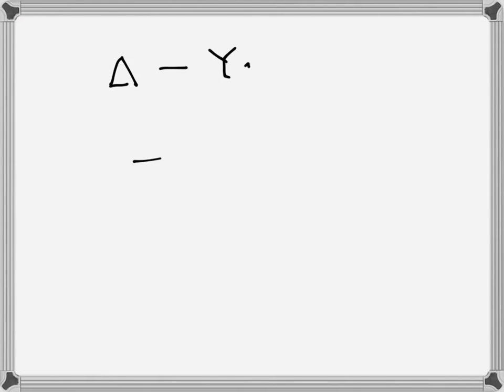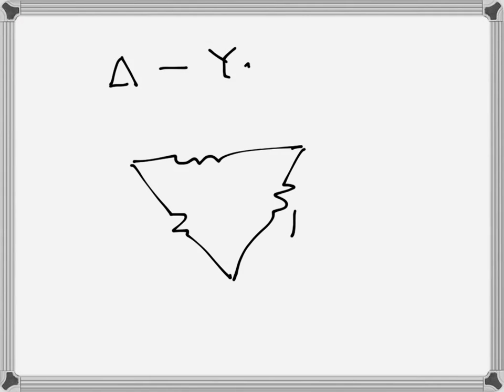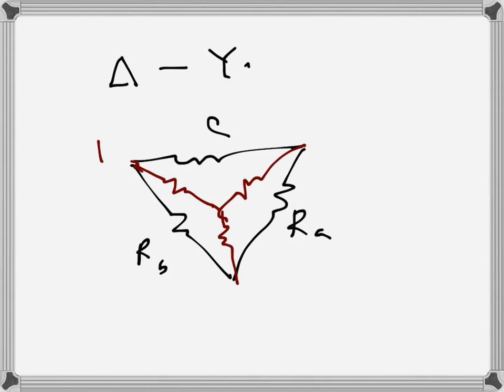Maybe like this, so it looks more like pi. So let's say RA here, RB here, RC. Now we want to get the equivalent Y connection. So the equivalent Y will be here, here, and here. So let's say this node is maybe 1.